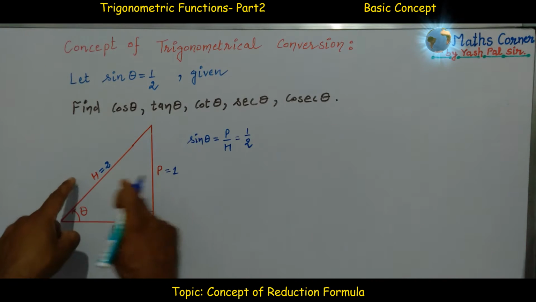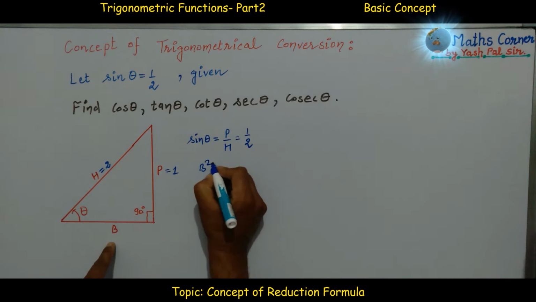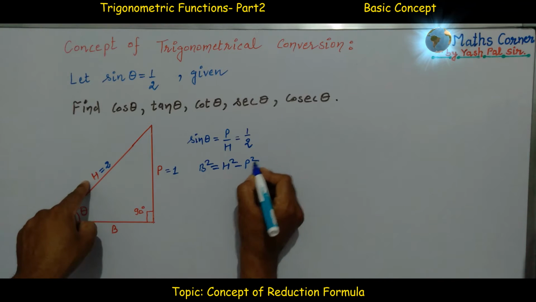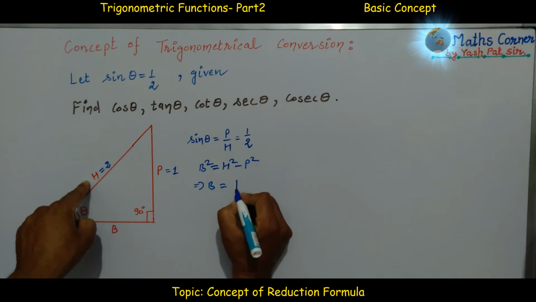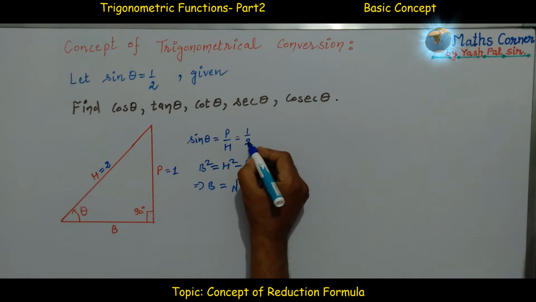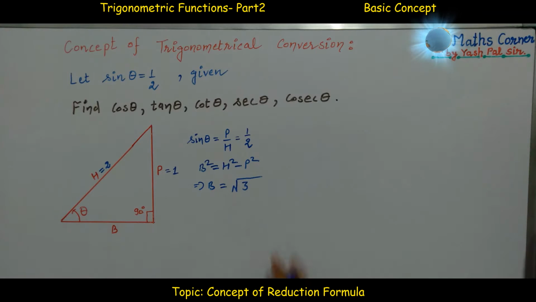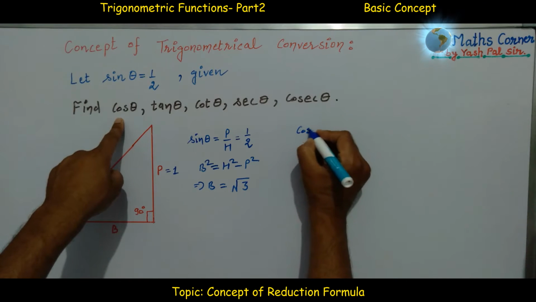So by using Pythagoras theorem we can say B square is equal to H square minus P square. That means the value of B is square root of H square, 2 square is 4, 4 minus 1 is 3, so square root of 3. So we can find the other values.